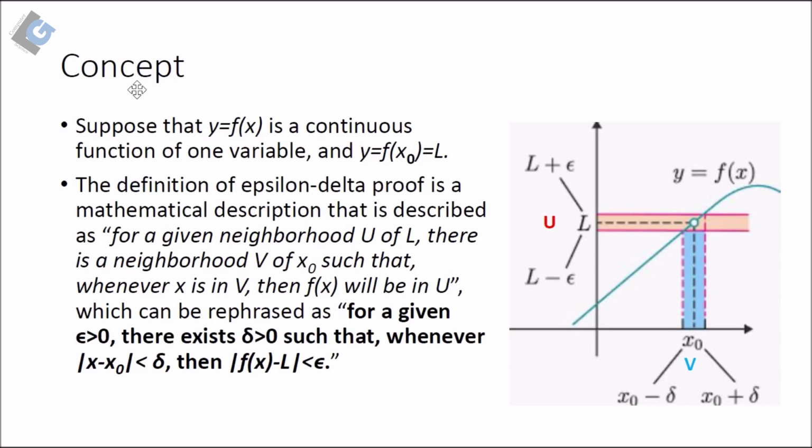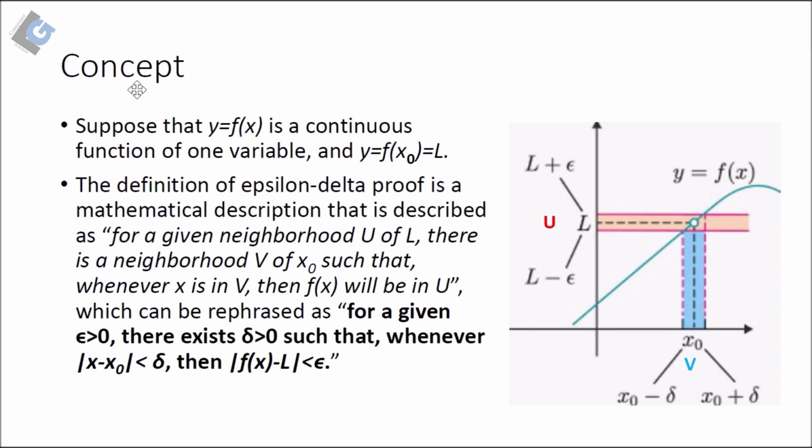So suppose there's a function y equal f(x) that is a continuous function of one variable, and also f(x₀) equals L, where L is a constant. The epsilon delta proof is a mathematical description. So let's look at the picture on the right side.